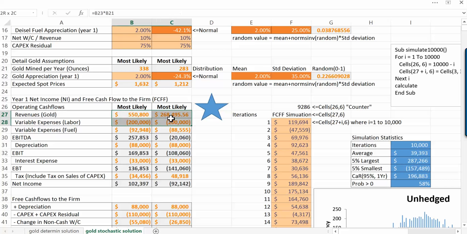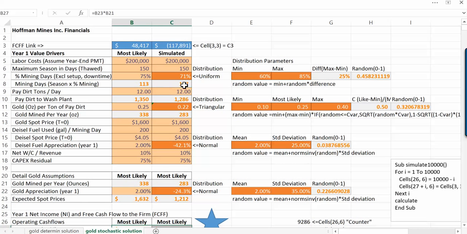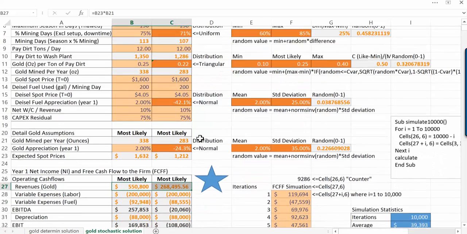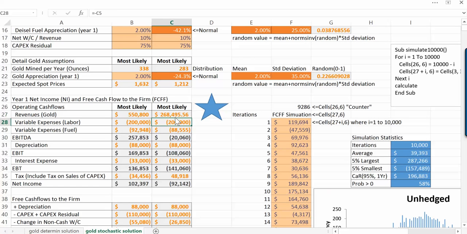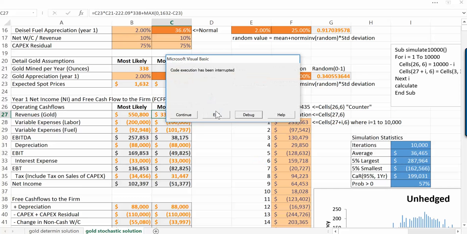Now he's not completely whole, because there are other factors going on here. Looks like he had a little less gold per ounce and didn't mine as much. He only mined 283 ounces, but he's doing much better than if he didn't have the contract.